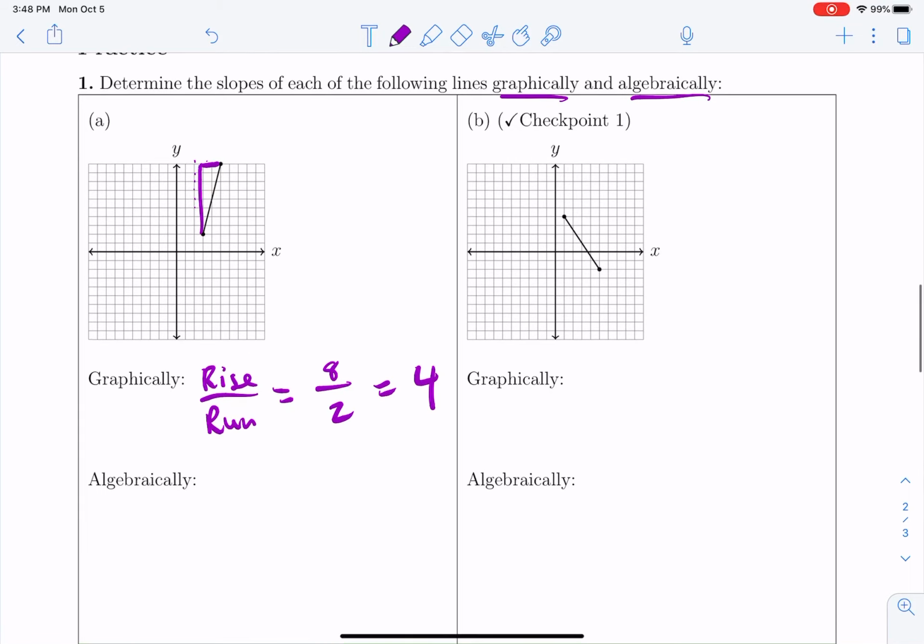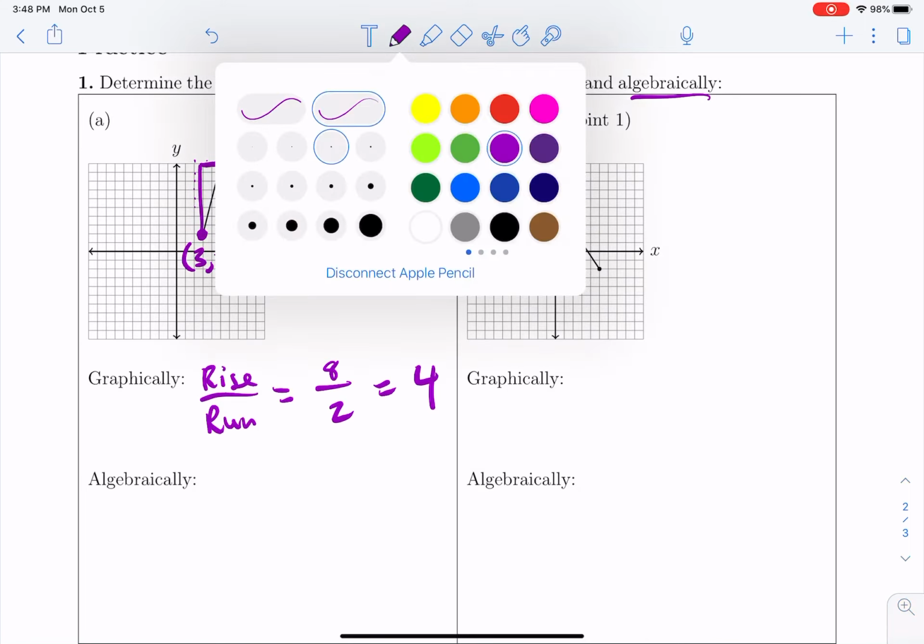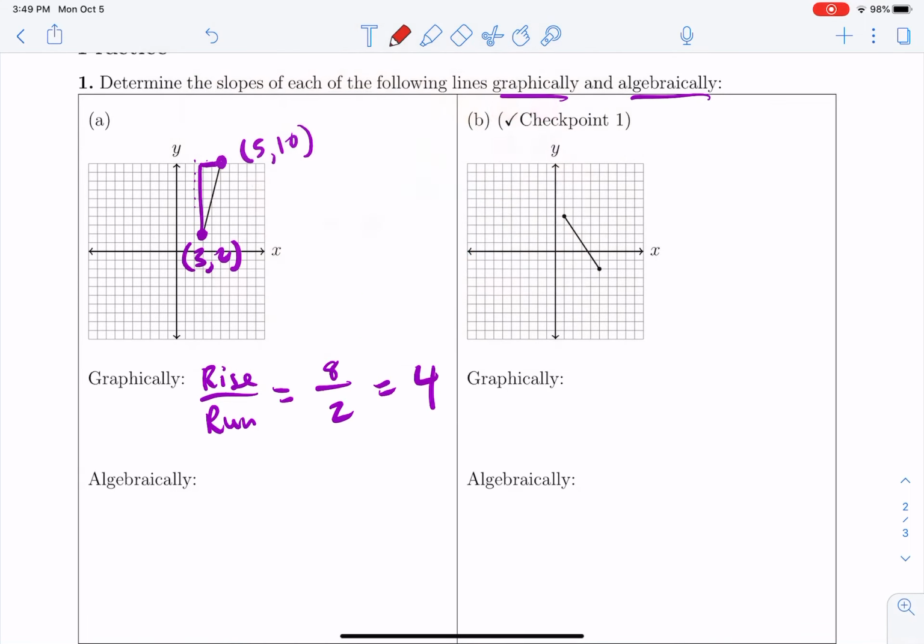Algebraically, we're going to need our points. So this first point on the bottom left is the point (3, 2). Our point up here is the point (5, 10). So the difference in the y's over the difference in the x's.